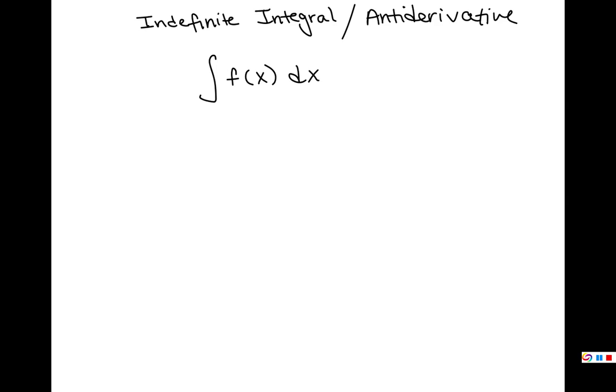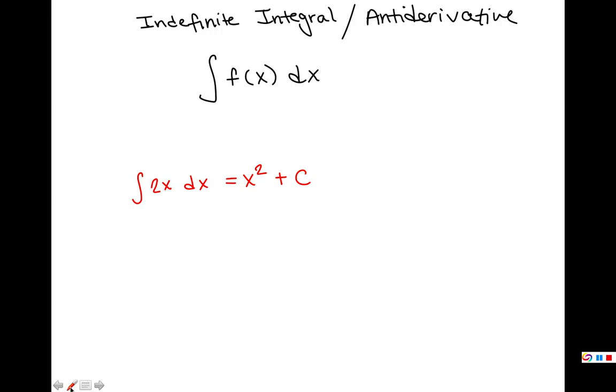Symbolically, we are going to write antiderivatives, or indefinite integrals, using this integral symbol, the function that we want to integrate, and then we're going to put a little dx there, which is really just part of the notation, but it tells me what the variable is. So for example, in example 1, we said the antiderivative of 2x is x squared plus c.